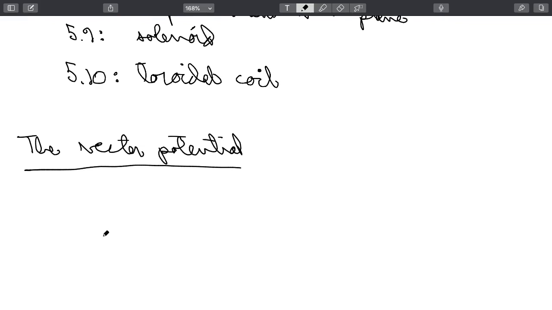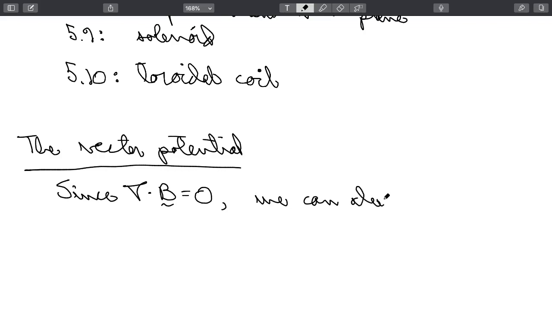So you remember in electrostatics, we could write the electric field as minus the gradient of some scalar field. In the case of the magnetic field, since the divergence of B is equal to 0, we can always write that the B field is obtained as the curl of some other source field, which is the vector potential here.